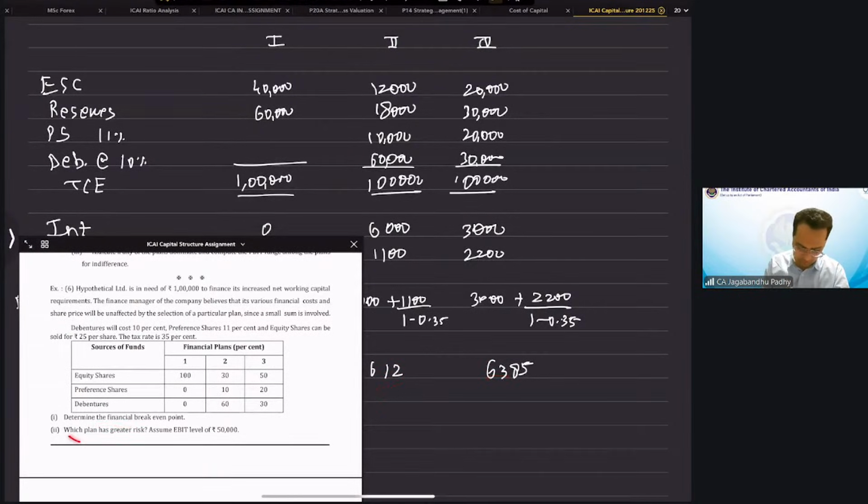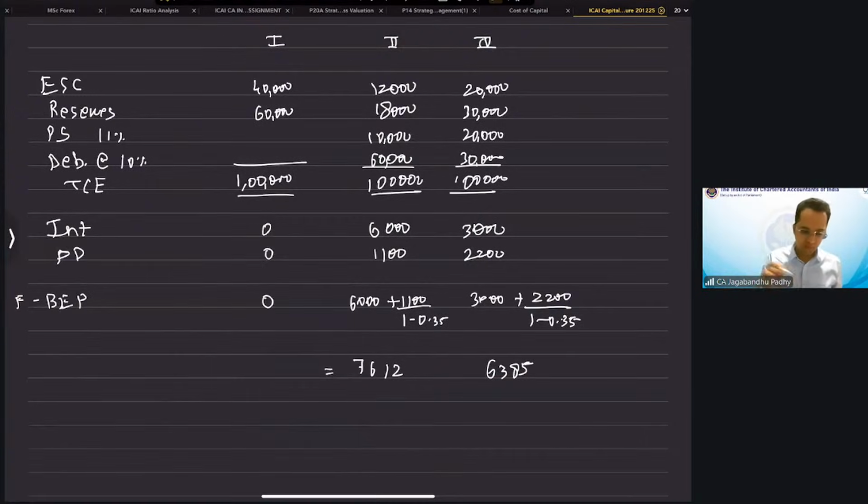And then which plan is having a greater risk? Out of these 3 plans, can you tell me which plan is having a greater risk, guys? Obviously, the plan which is having a higher break-even point, right?